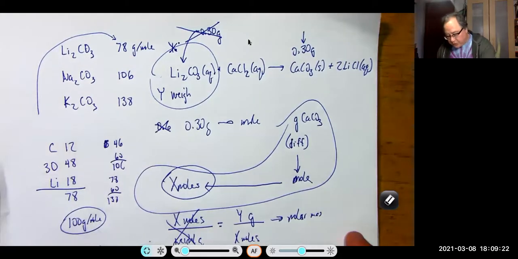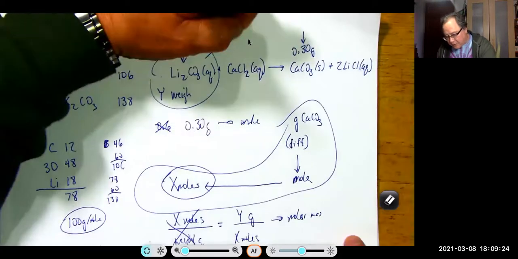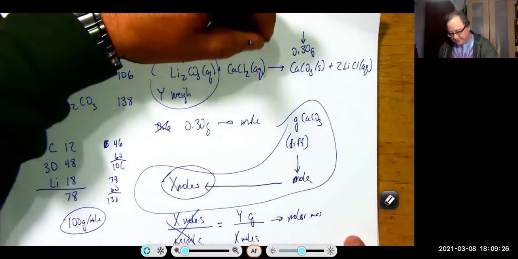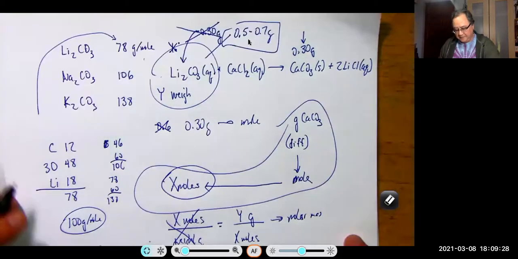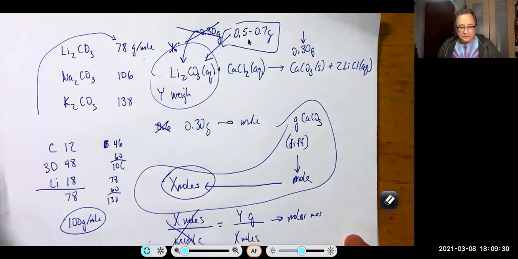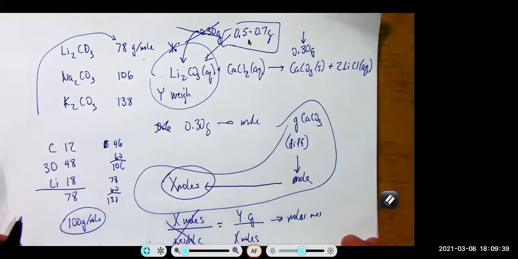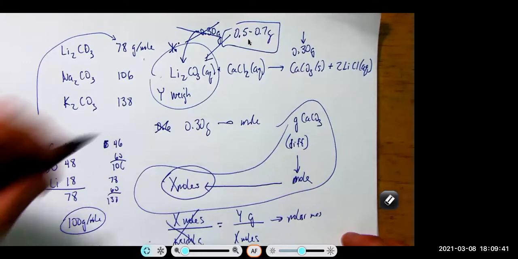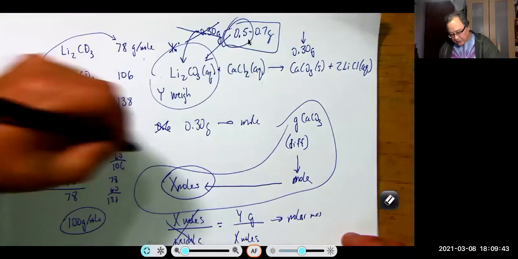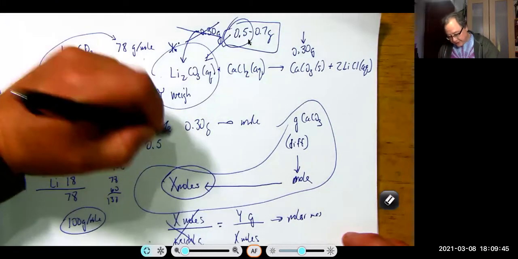And you should have used, per instruction, about 0.5 to 0.7 grams. But you have to know how much you used, otherwise it doesn't work. 0.5 grams. Okay, so I can just do this real quick without showing you units.